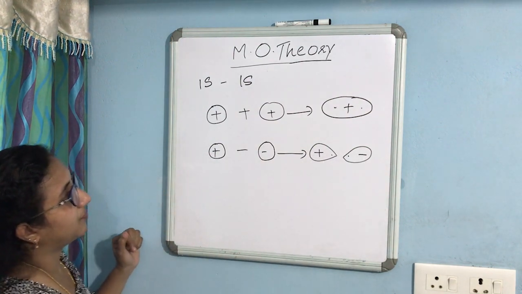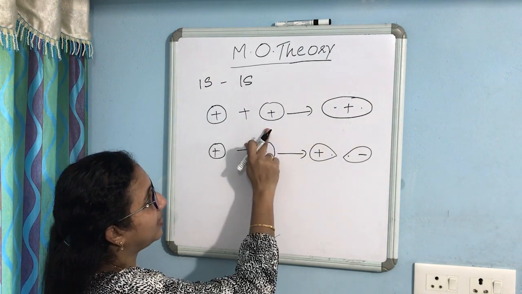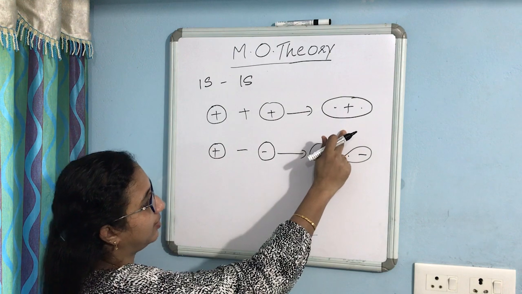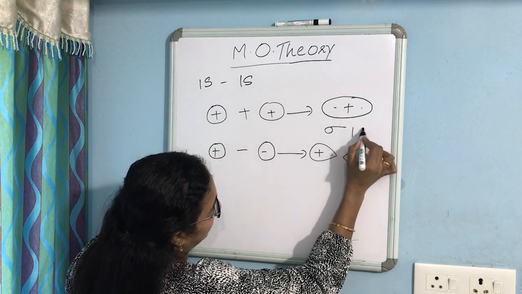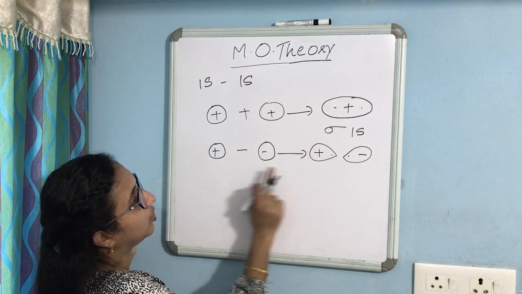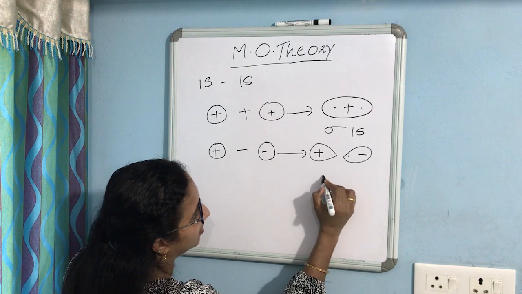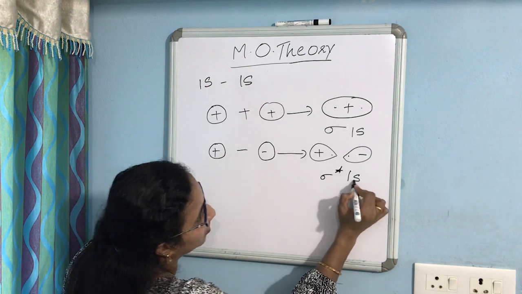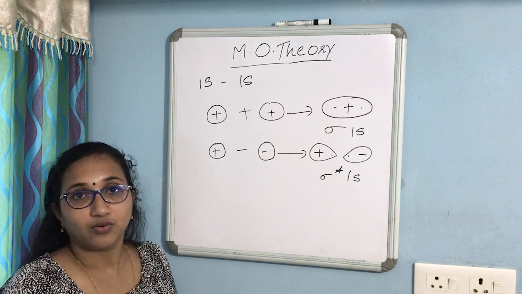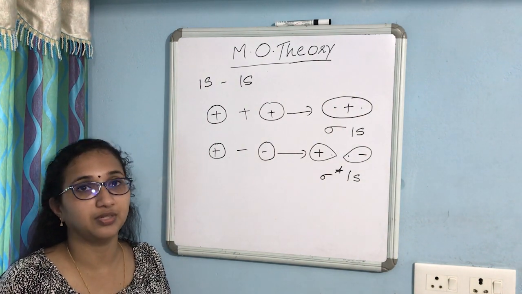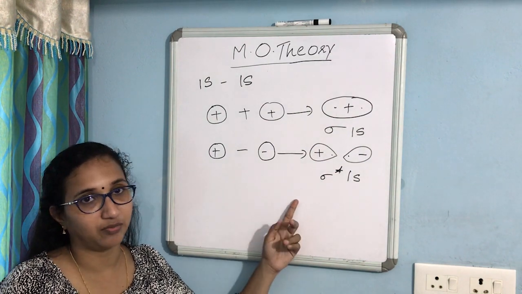Okay, so we know this is the bonding molecular orbital that is formed by the addition of atomic orbitals, which is represented as sigma 1s, and the molecular orbital formed by the subtraction of atomic orbitals is called sigma star. We know this is a sigma bond. We have already seen in the previous video that s orbitals combine in a head-to-head manner to form a sigma bond.